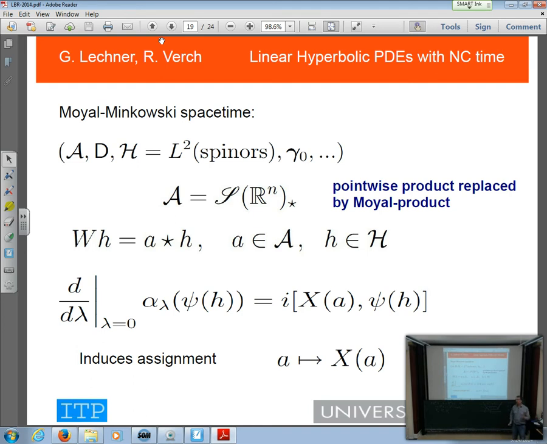Now, this is important. Why is that important? Also in the previous case, we had a Lorentzian spectral triple, somehow fixed. The only difference was the algebra, because the Dirac operator stays the same, the Hilbert space stays the same, all this other stuff stays the same. Only the difference is in the algebra.